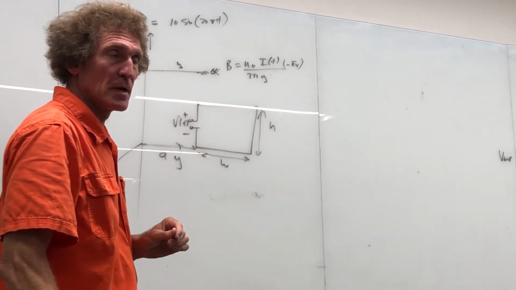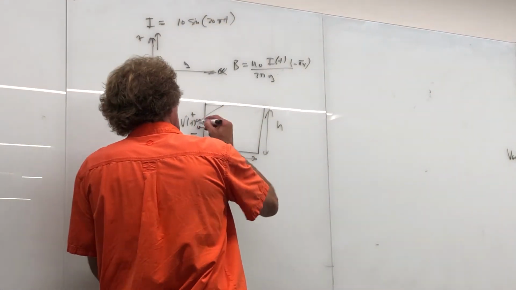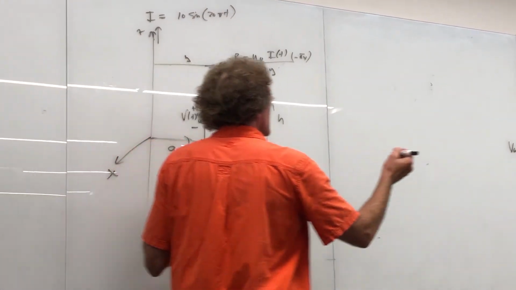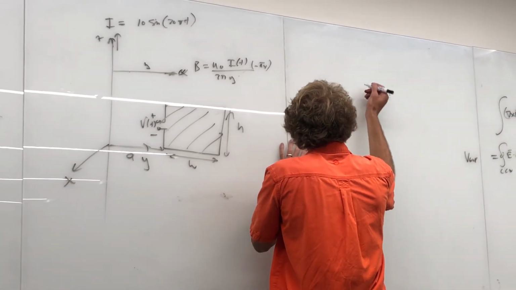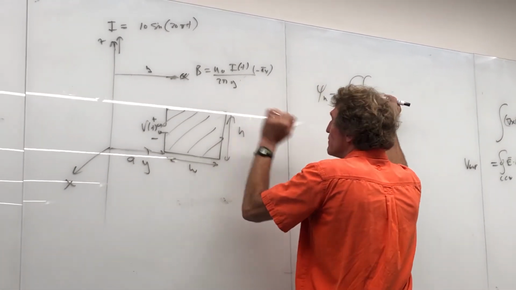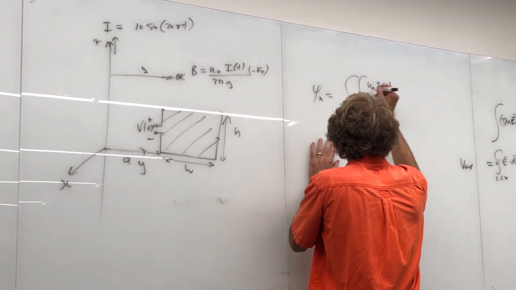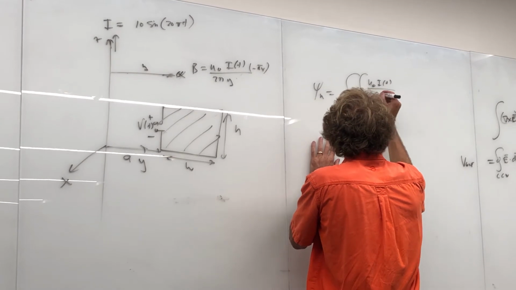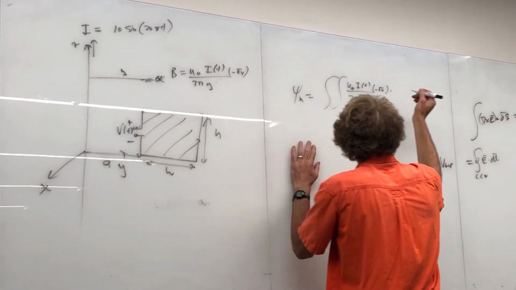Right? All right, now I need the total flux through this loop. I need to find out the entire magnetic flux. So the magnetic flux would be what? The double integral of mu naught I of t over 2 pi y, minus a_x, dot ds. What would ds be, people?